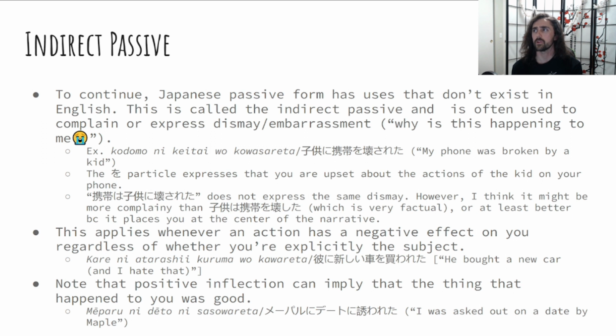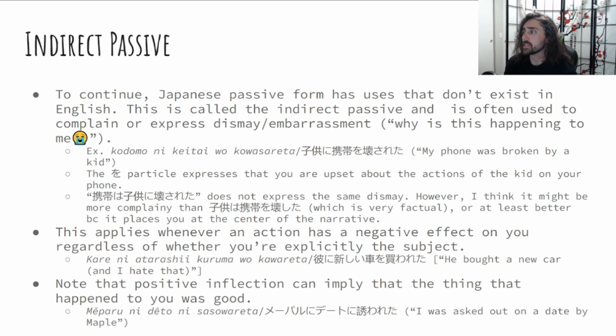So I think this is critically important to sounding more like a native, to communicating the way you want to, but it also requires a mindset change of, wait, I'm talking about my experience. I want to be at the center of this and frame it that way, and use passive to express my emotions.